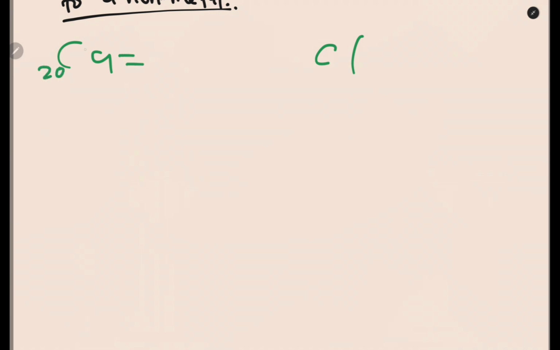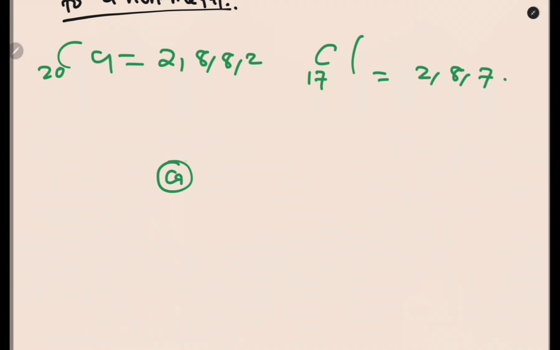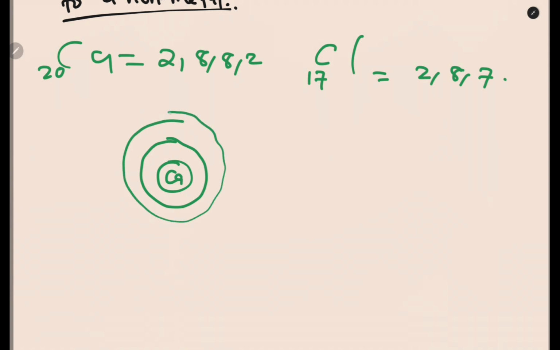So let us start with calcium. Calcium has atomic number 20. Chlorine is 17. The configuration is 2, 8, 8, 2. This one, the configuration is 2, 8, 7. So now, let me put calcium here. Calcium, Ca, has how many shells? 4 shells.